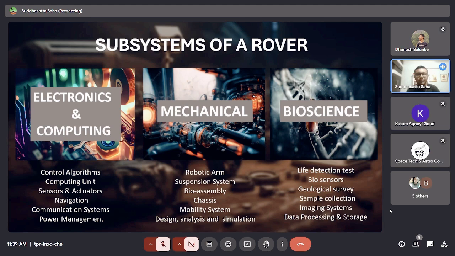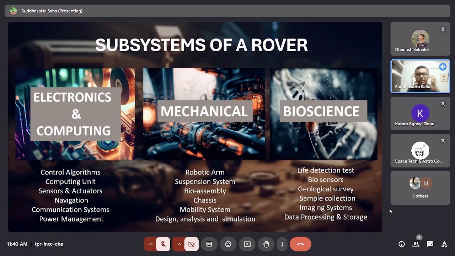So the electronics and computing subsystem basically deals with two aspects: the decision making algorithm and the intelligent system subsystem, which means that the rover has electronics into action, and the rover also has algorithms and an artificial intelligence model which takes decisions on its behalf in real time without any human intervention.